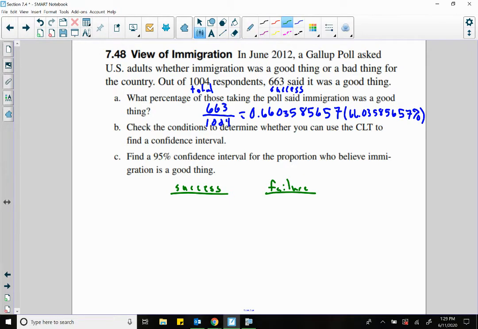So we're going to take 10 times our success, which is 0.6603585657.